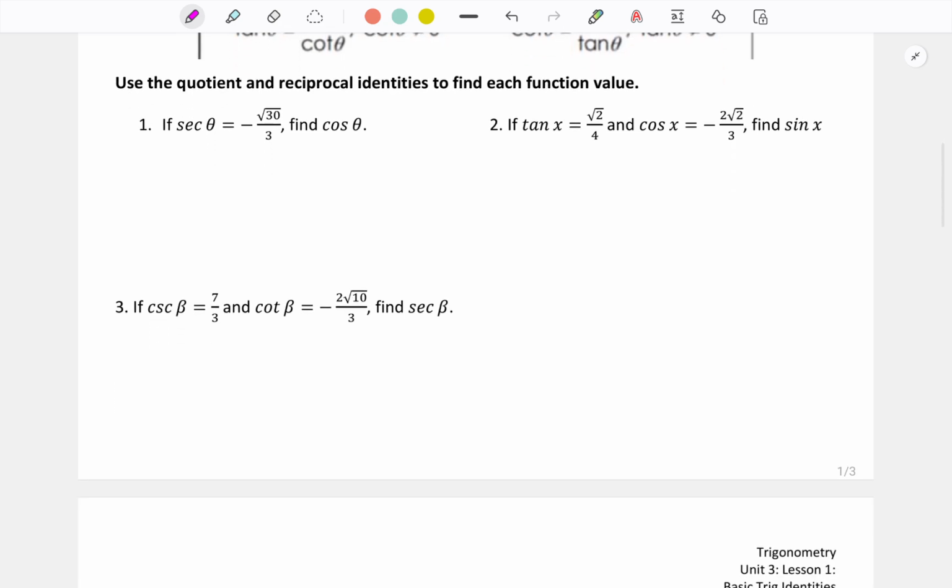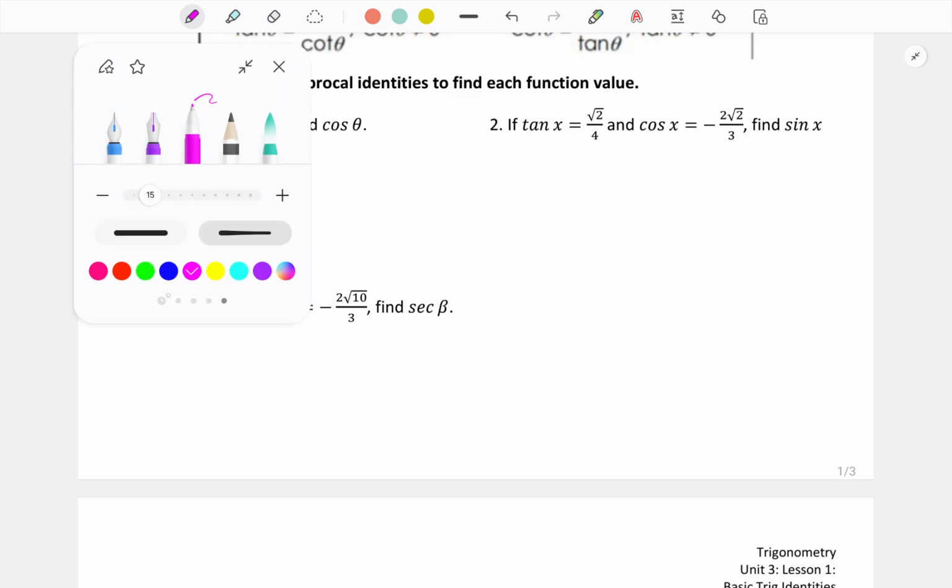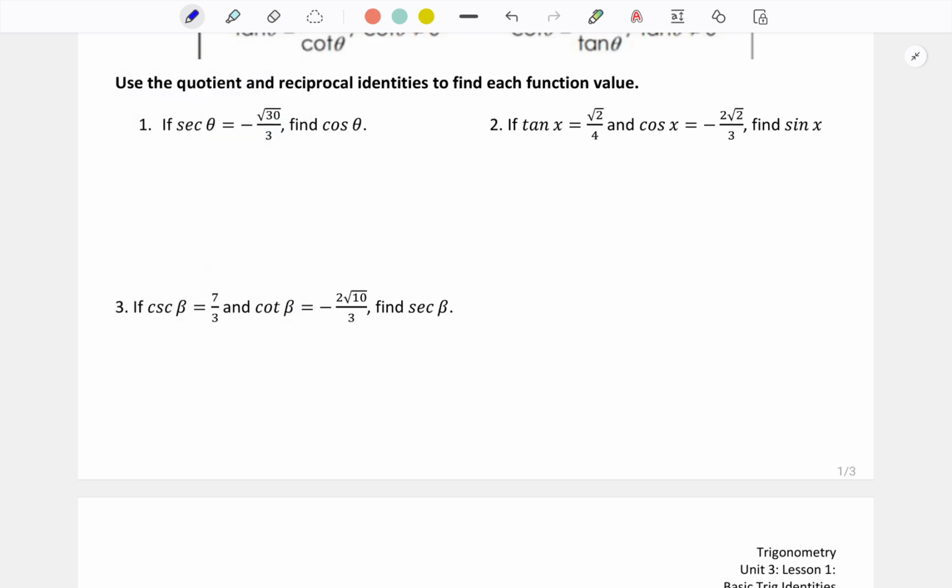So for number 1 here, we're going to use the quotient and reciprocal identities to find each function value. We are given that secant of theta is equal to the negative square root of 30 over 3, and we need to find cosine theta. Well, one thing we know is that we have some reciprocal identities that deal with these two functions.